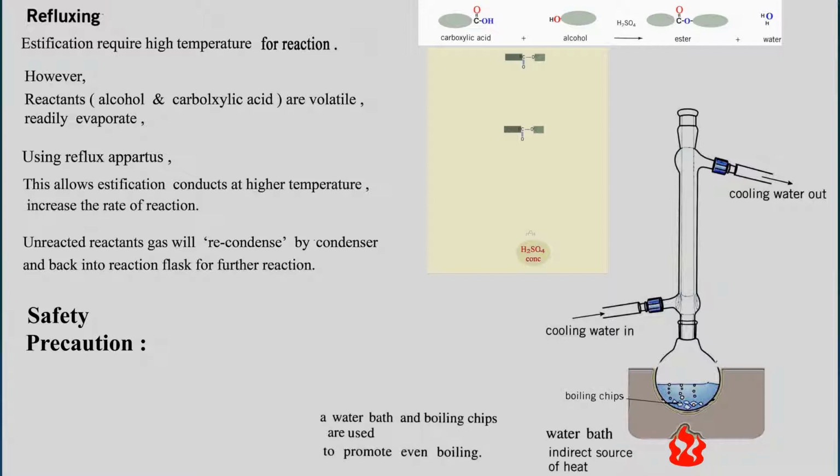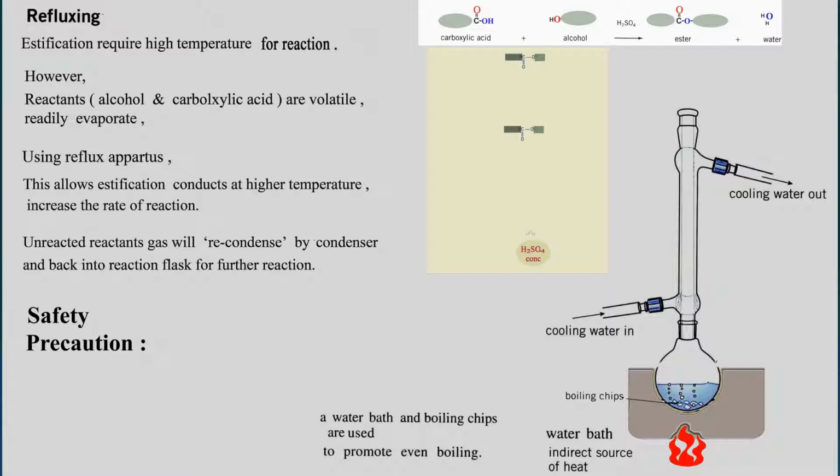You need to put some boiling chips inside this round jar to promote even heating. Secondly, even more important, you cannot apply direct heating to this round bottle. Because with direct heating, you raise the temperature too fast and the alcohol will catch fire.